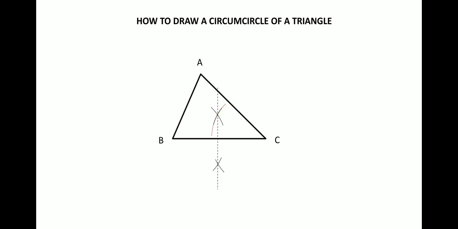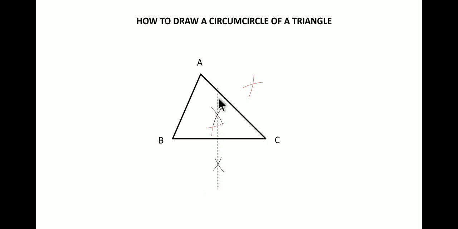Next, from the same point C, on the other side, you will draw an arc like this. Now with the same radius, from point A, you will draw an arc this way, and again on the other side also you will draw the arc. Now I have used different colors here, the red and the black one.